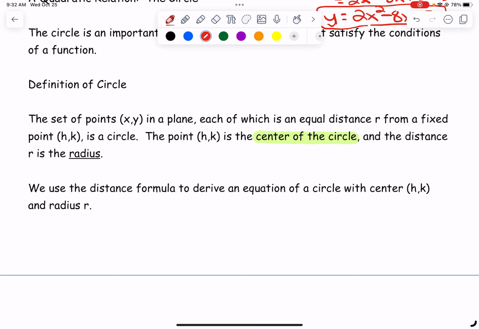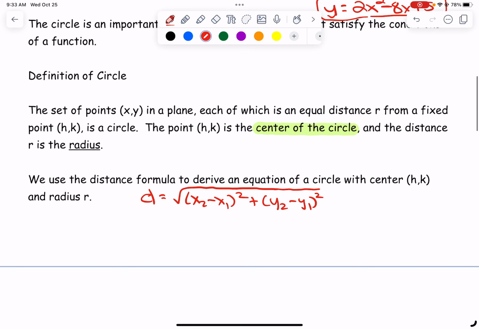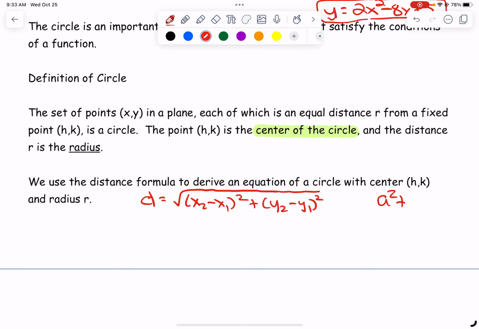And if you recall the distance formula from previous work in Algebra 1 and geometry, it is the square root of (x sub 2 minus x sub 1) squared plus (y sub 2 minus y sub 1) squared. Remember, the distance formula came from the Pythagorean theorem, a squared plus b squared equals c squared.